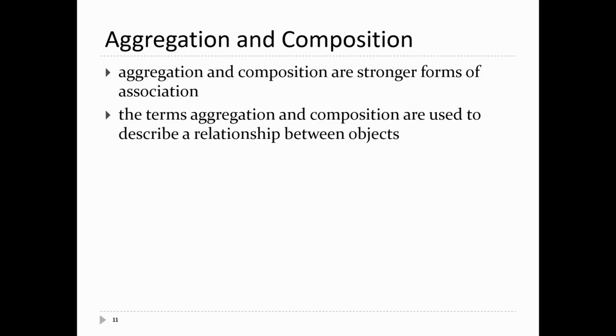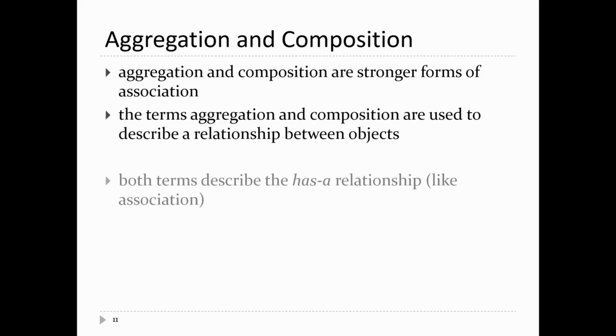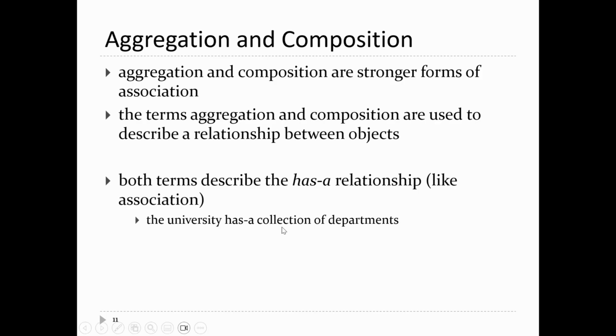Aggregation and composition are relationships between objects. Both terms describe a has-a relationship. So far that sounds exactly like association, but there are additional features of these relationships that association does not have. If you imagine the university, you might think that the university is a collection of faculties, or a collection of departments.